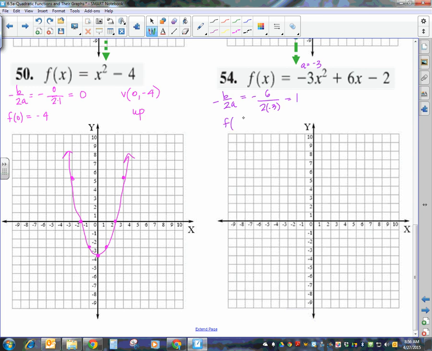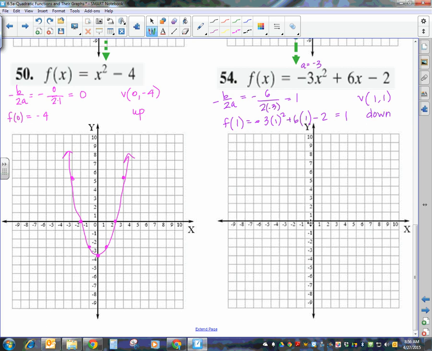And then f of 1 is -3 times 1 squared plus 6 times 1 minus 2, which gives us 1. So my vertex is 1, 1, and my parabola goes down.